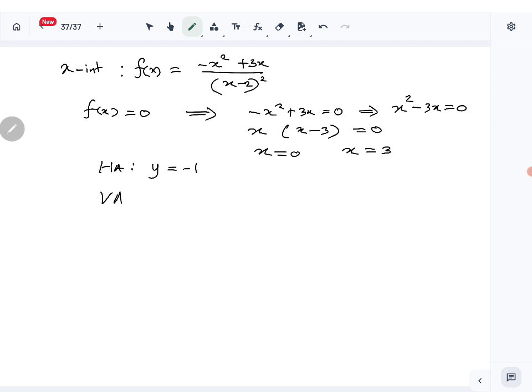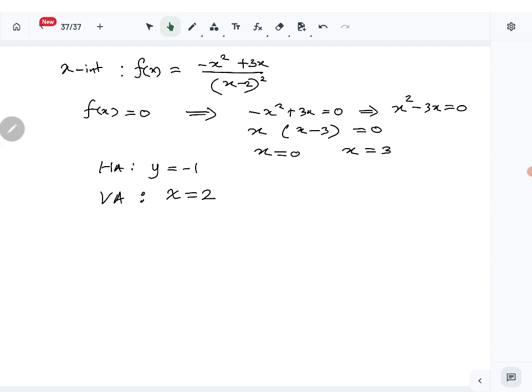What is the vertical asymptote? Vertical asymptote is x equals 2, right? From here, denominator becomes 0 when x equals 2. So then that is the vertical asymptote, right? So we have everything now. We have horizontal asymptote, vertical asymptote, x-intercepts, and the turning point.